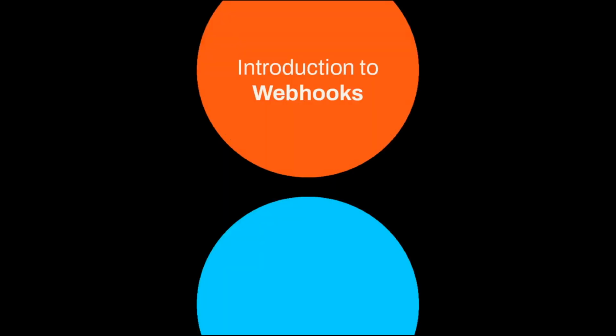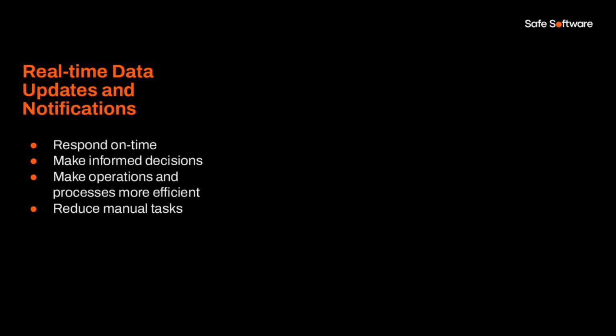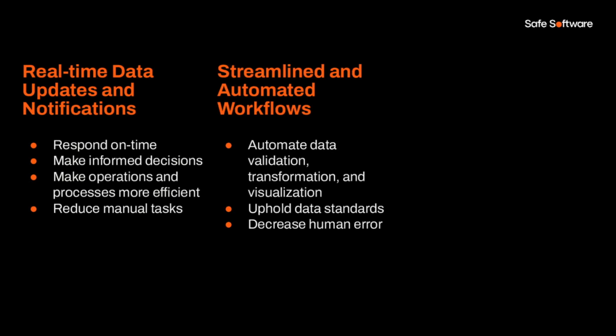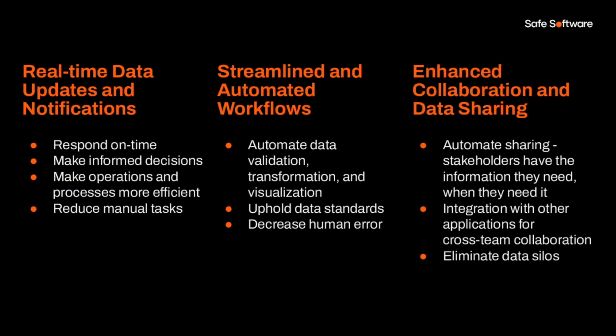So how can webhooks do this for us? We'll start with some general reasons. Real-time information flow enables us to make better decisions, reduce response time, and overall just be more efficient. We can enjoy better data quality by automating the validation, transformation, or analysis of new data. By doing this, we no longer spend time reviewing and responding to individual errors and requests, ultimately freeing up our resources.